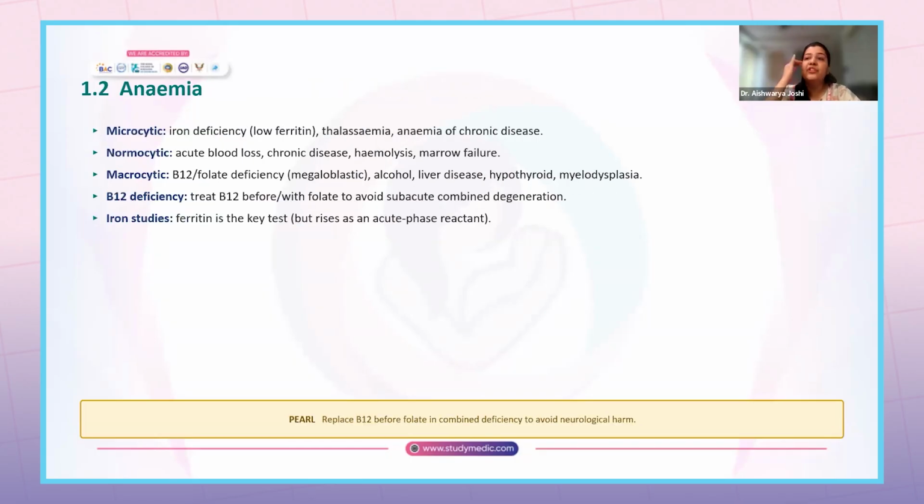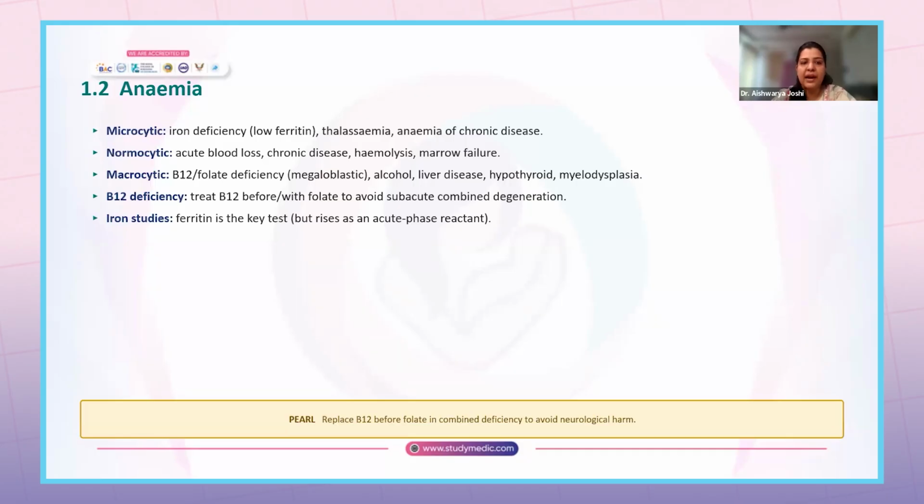Microcytic anemia causes are iron deficiency, thalassemia, and anemia of chronic disease. Anemia of chronic disease can have normocytic picture as well.